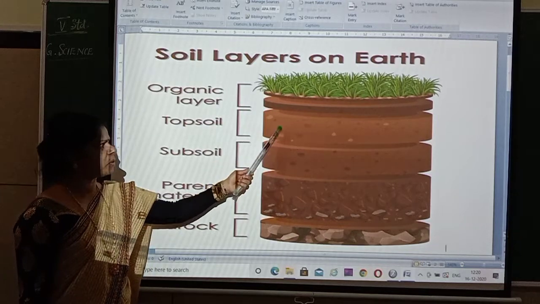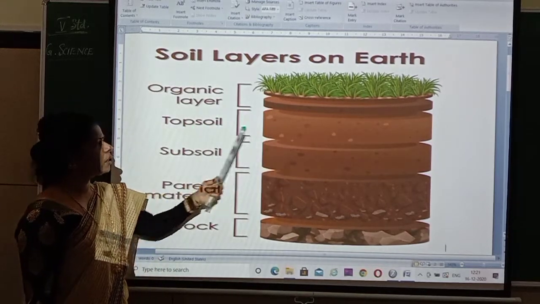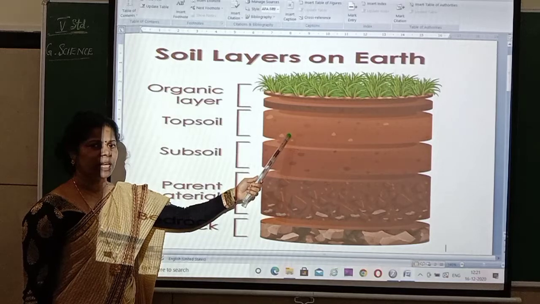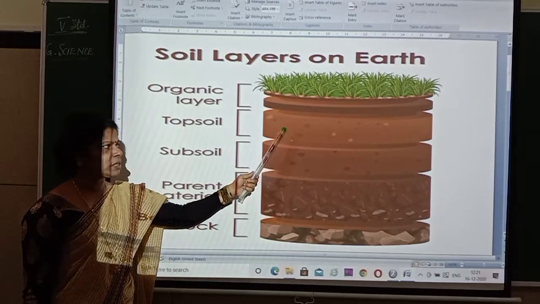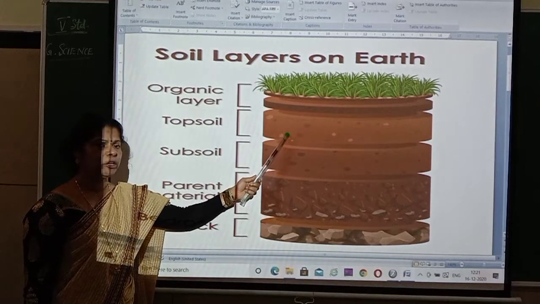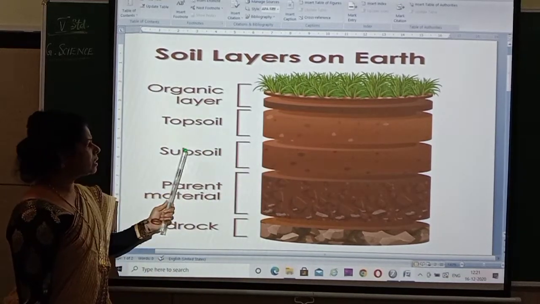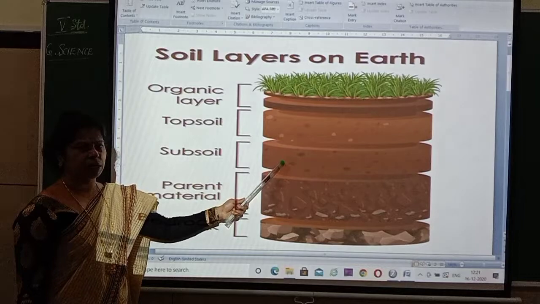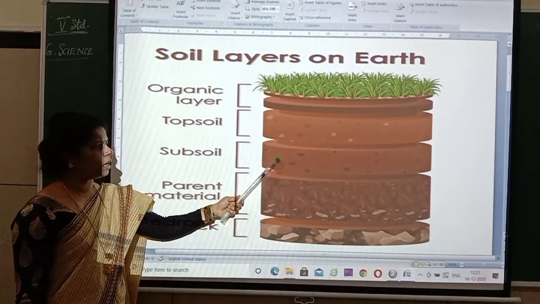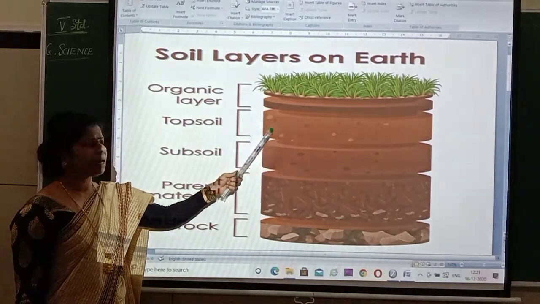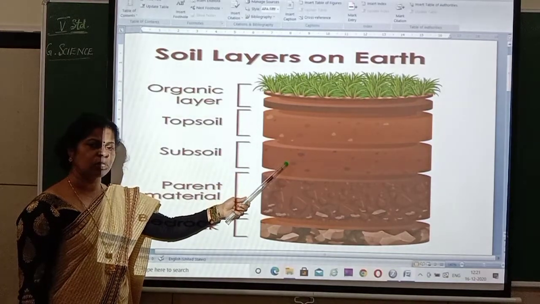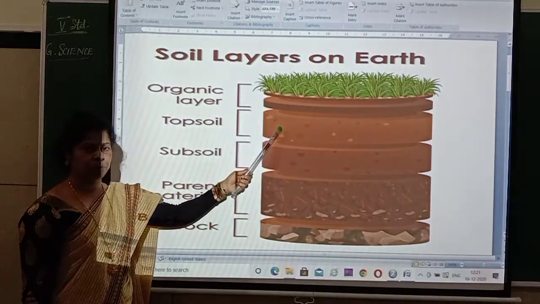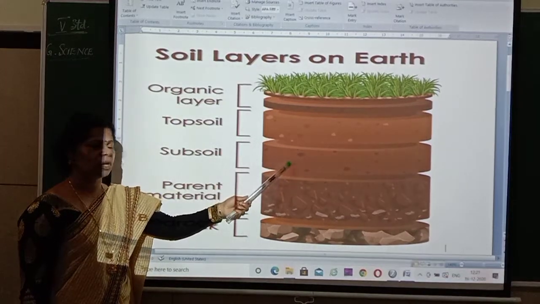Then from this part you can see, this is the topsoil, which is loosely packed and very good for the growth of plants because it is porous, which allows water and air to pass through. Next is the subsoil. The middle part is called the subsoil, which doesn't have much organic matter and is non-porous, but this is porous, meaning holes are there, here it is non-porous.